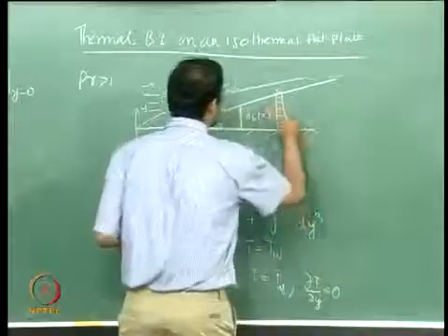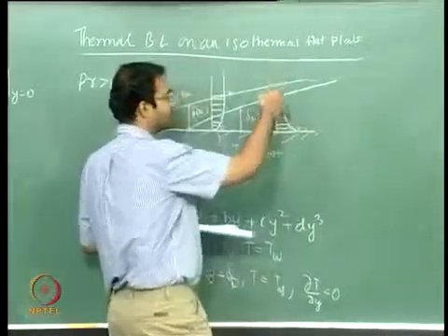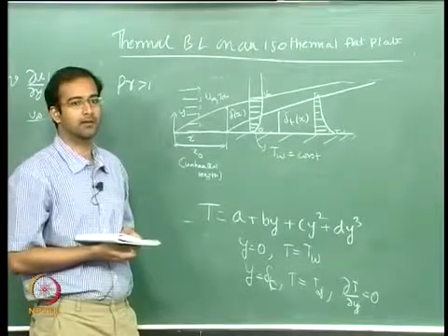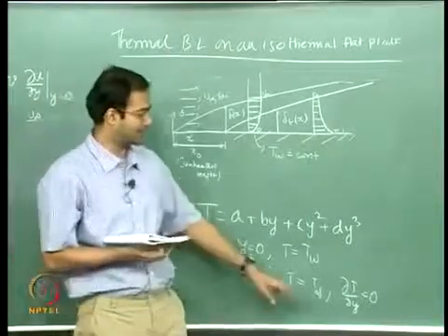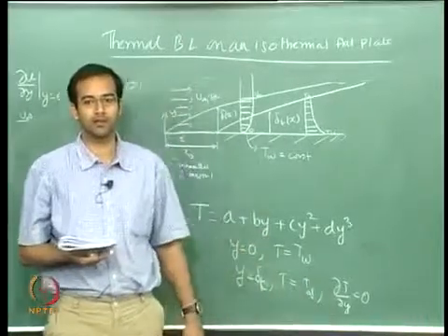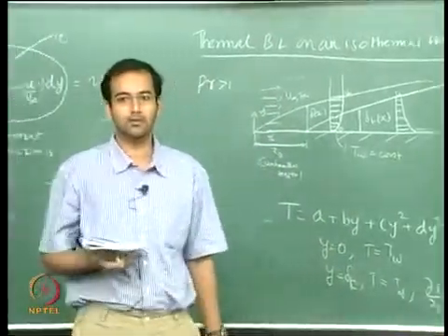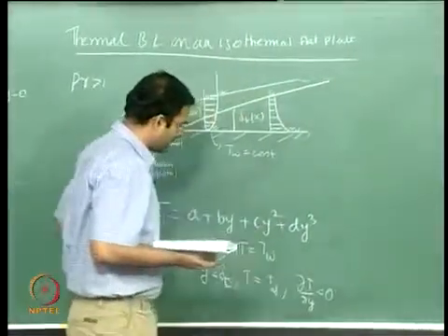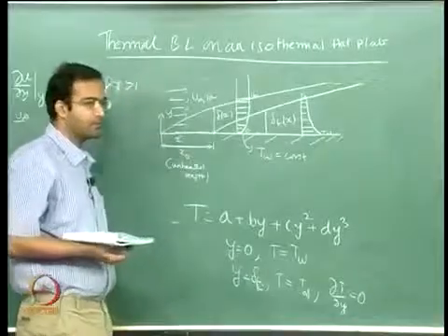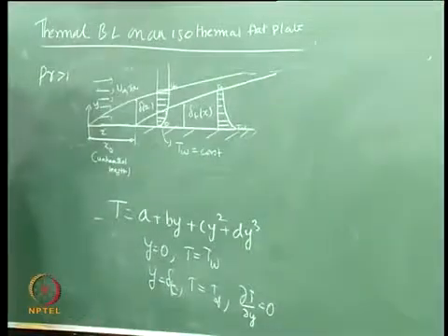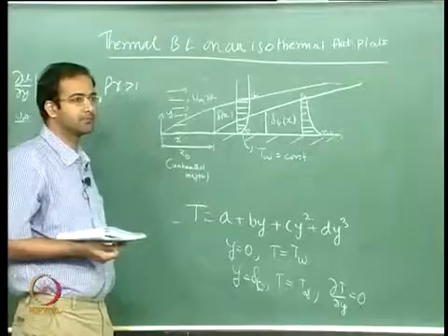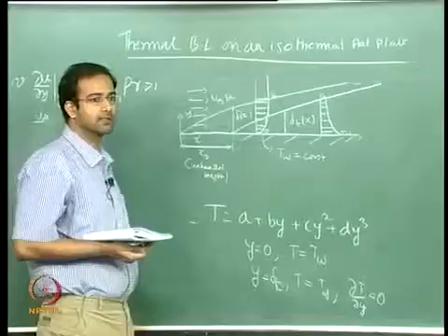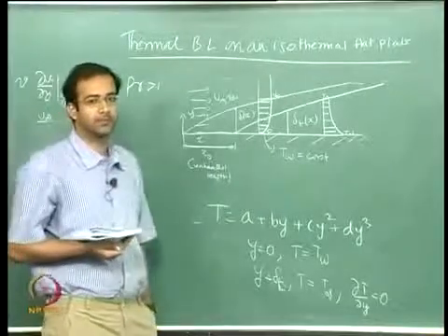You can see that once this reaches T infinity, after that the gradient will be 0, after the thermal boundary layer. So at the interface you have to satisfy the continuity condition, continuity in temperature and slope. And then we need one more. Heat flux at the wall, but we don't know it. This is a case where we have constant wall temperature.